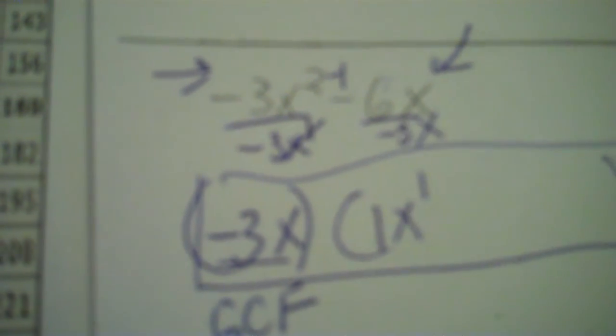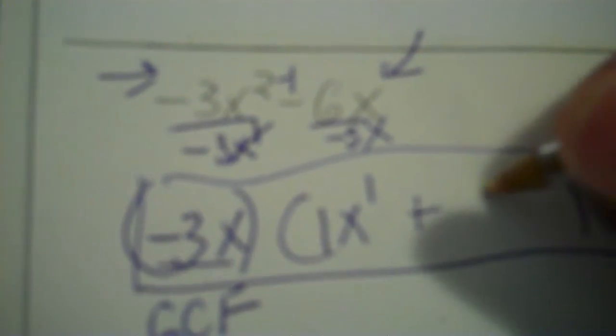X second, x first, so I minus the 1, and it's x to the 1. Then that is a negative 6 divided by negative 3. Remember, if it has a minus in front of it, that's a negative value. Well, a negative divided by a negative is a positive, so it'll be plus 2, because 6 divided by 3 is 2, and then these cancel, because that's actually negative 6 divided by negative 3. Don't put the 1 there. So you got negative 3x times 1x plus 2.